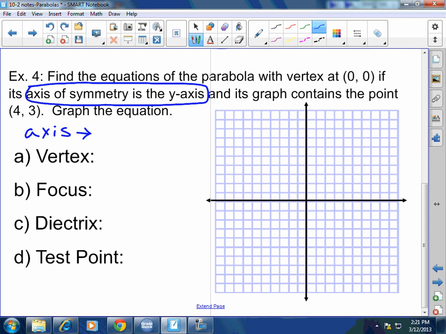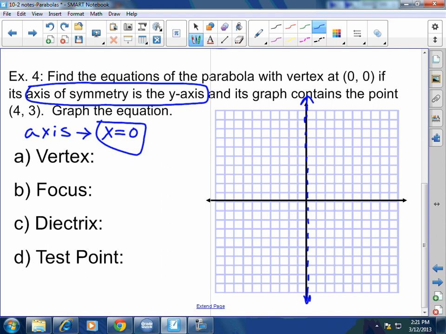If it is the y-axis, isn't that an x equals 0? Because that's my axis, and that's an x equals 0. You with me? Okay, so let's think about this now. And then we have a point on the graph that is 4, 3.